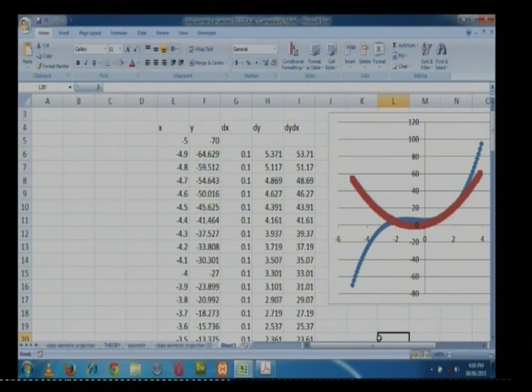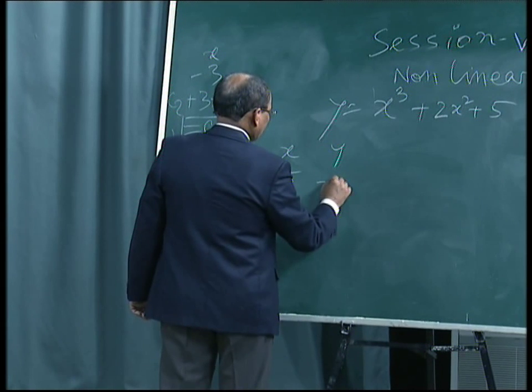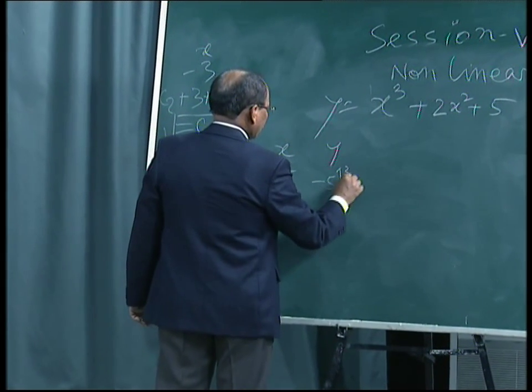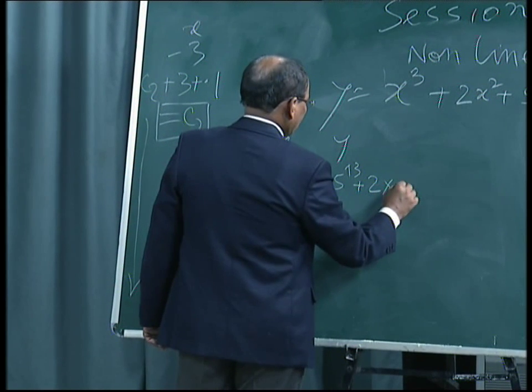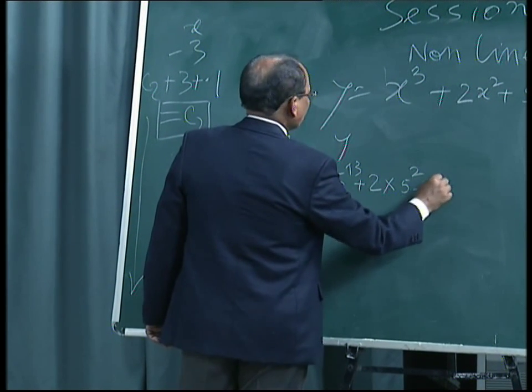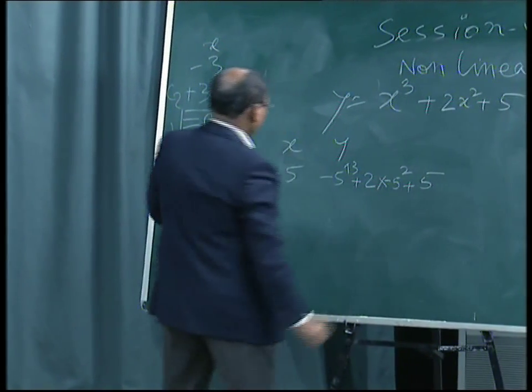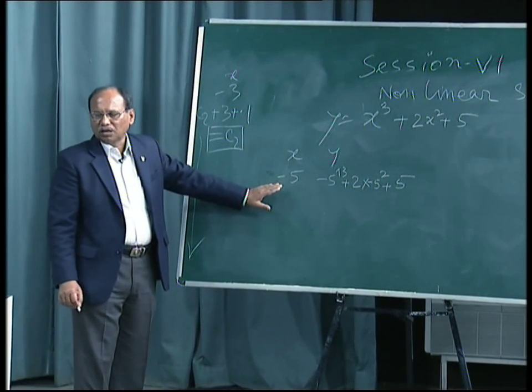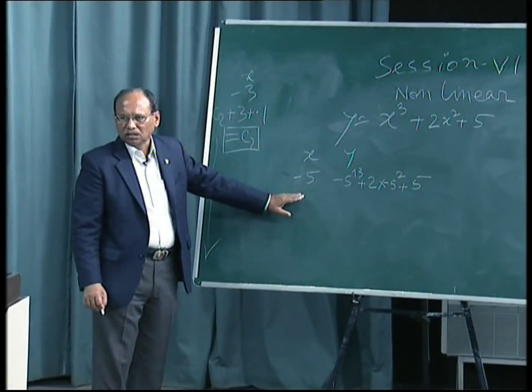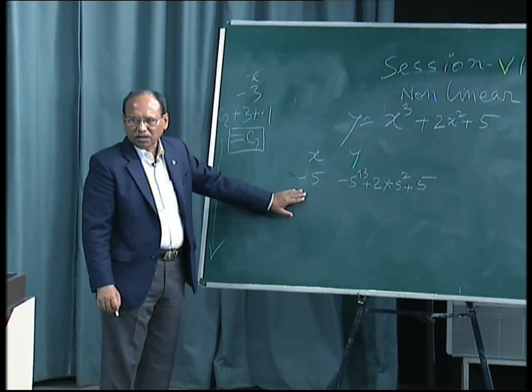For x, we have the liberty to take any value. So, I have taken minus 5.